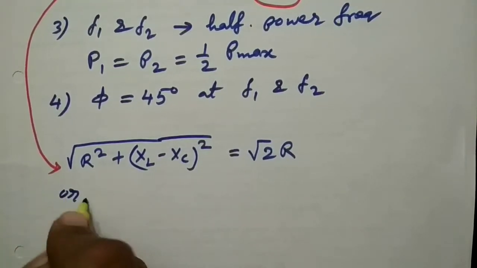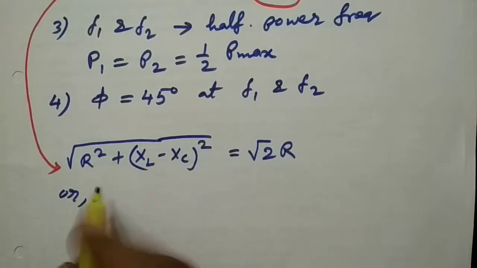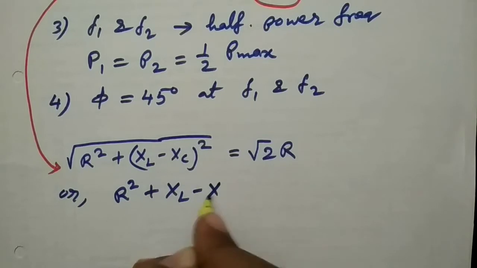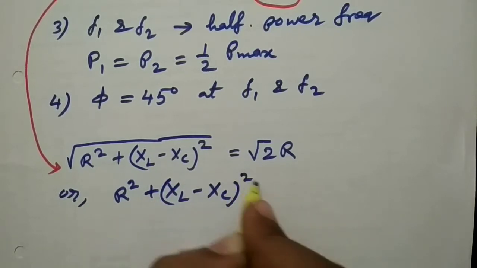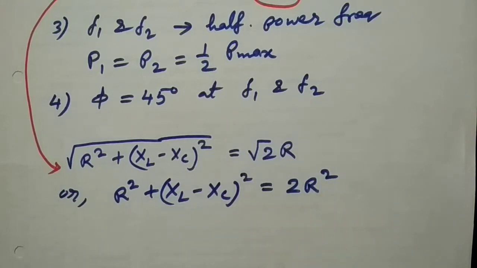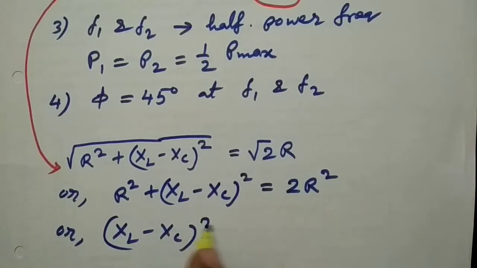Square both the sides, so it will be R square plus (XL minus XC) whole square is equal to 2R square, or (XL minus XC) whole square should be equal to R square, because 2R square minus R square will be R square.